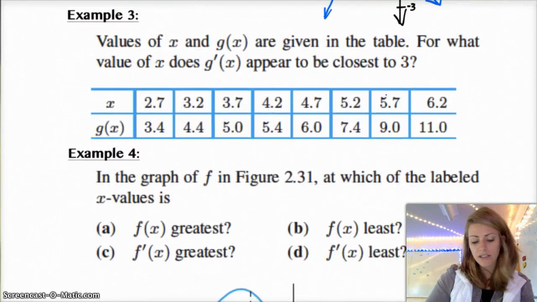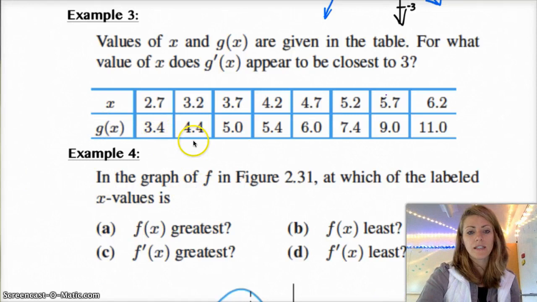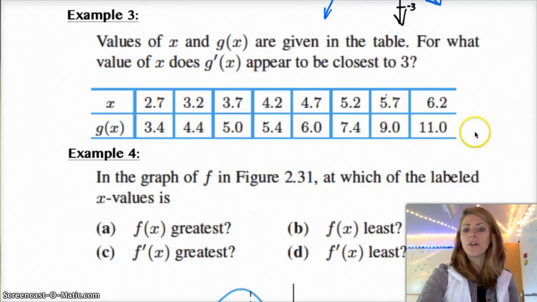For what value of x does g prime appear to be closest to 3? In this case, you might want to look at the average slope between each of the 2 points. So 4.4 minus 3.4 divided by 3.2 minus 2.7, and do this for every single set, and then you want to find the derivative that's closest to 3.